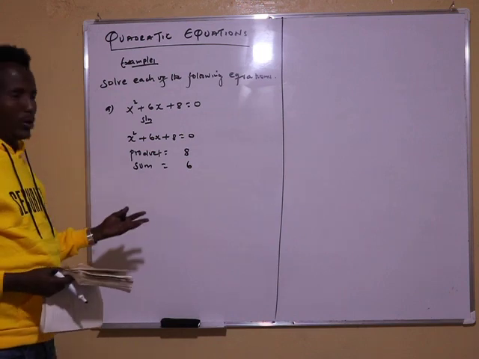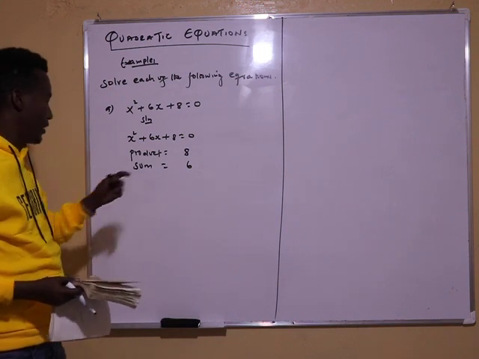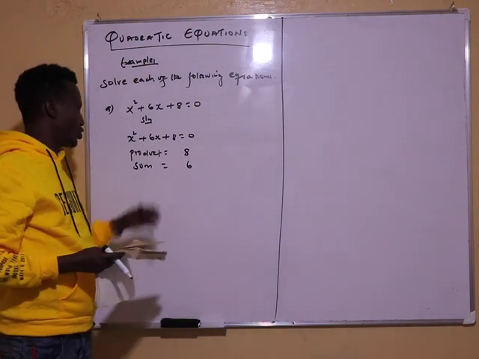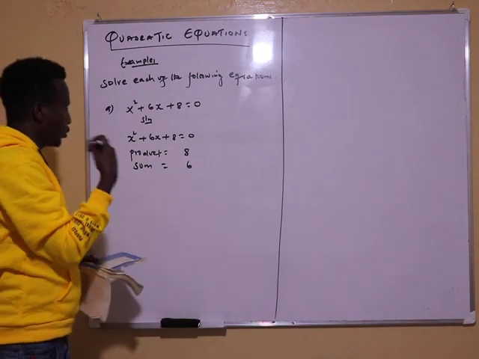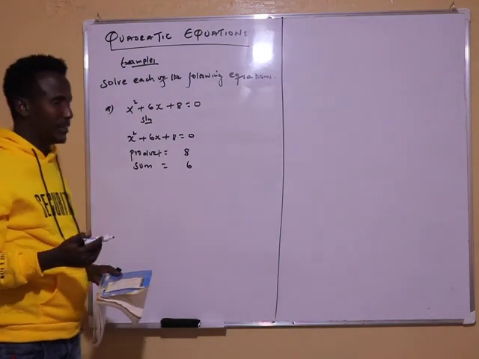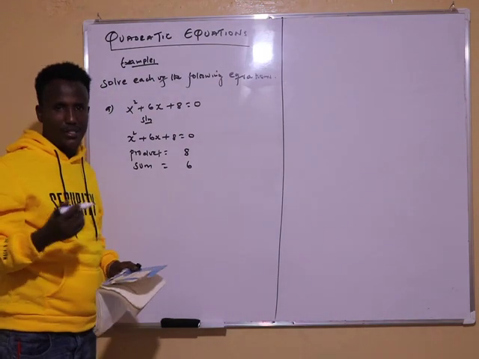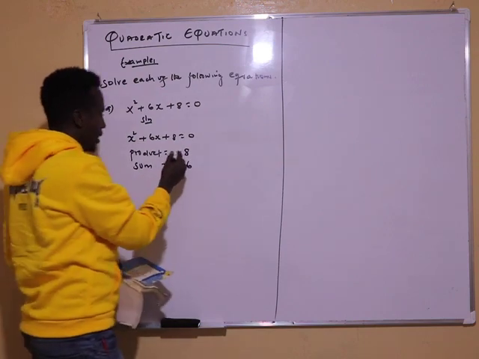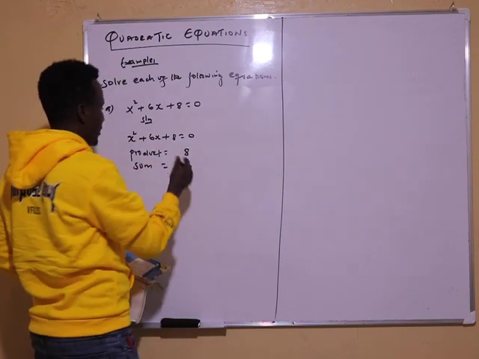In our previous class we have learned factorization. During factorization we are considering also product and sum. We want to get two numbers whose product will give us 8 and their summation will give us also what? 6.